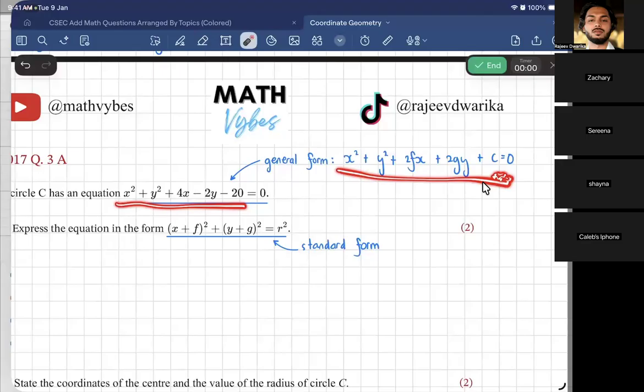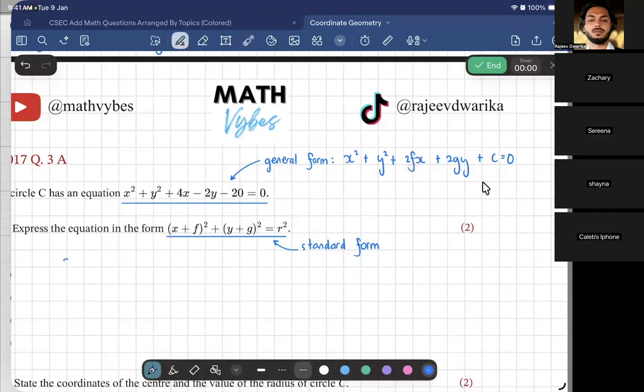You're not wrong, but we could make it simpler by just saying 2F is equal to what? 2F is equal to 4. And you could say that 2G is equal to what? Minus 2.